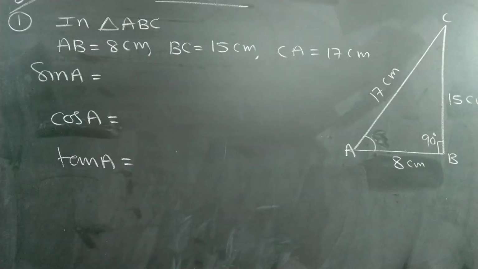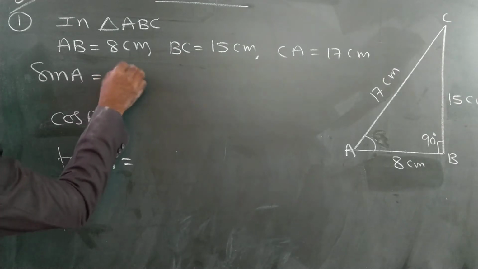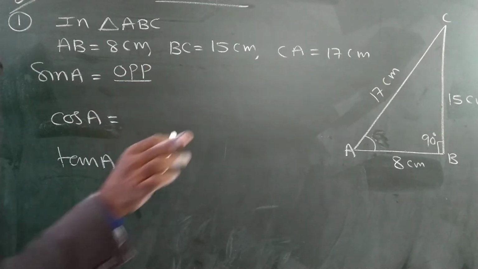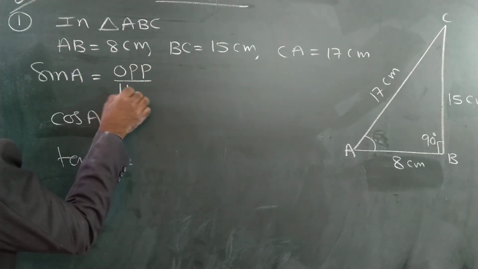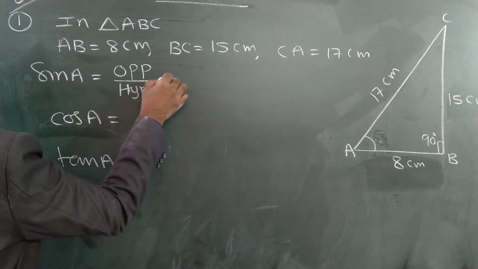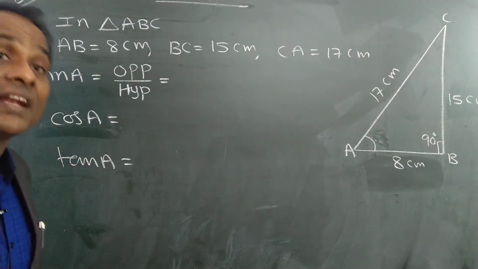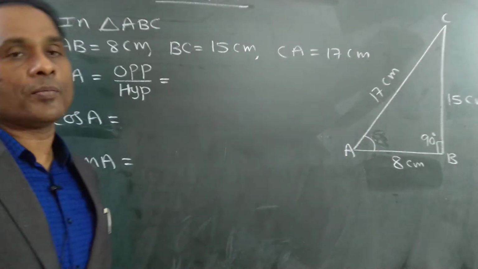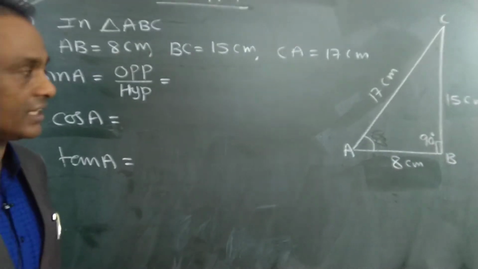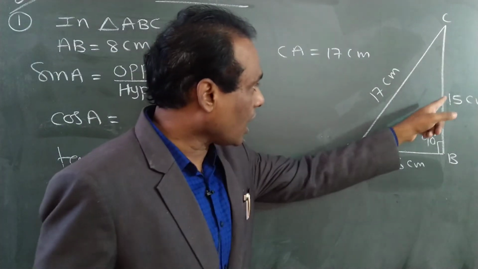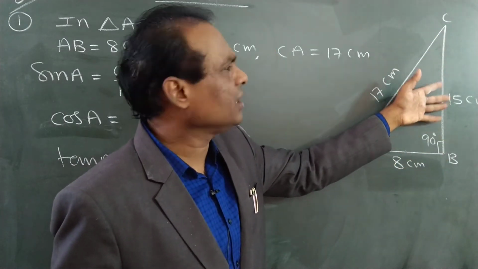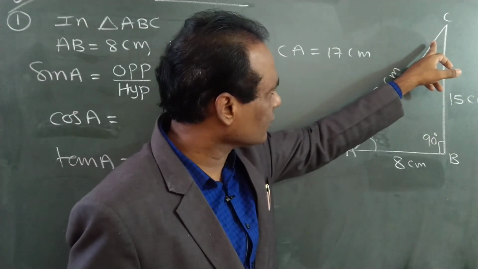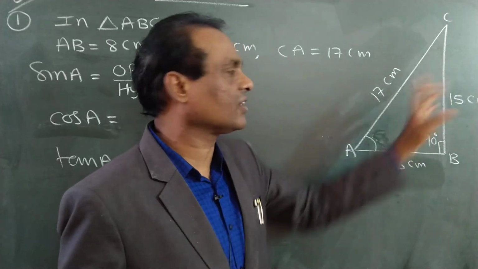Now, what is the sine definition? Just look at the formula: opposite by hypotenuse. That definition you have just written. For this angle, opposite is always this side only. In rare cases, if we are discussing this other angle, then there is some confusion.